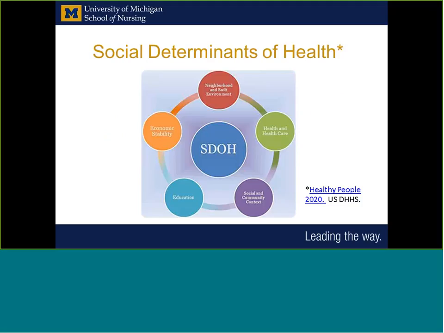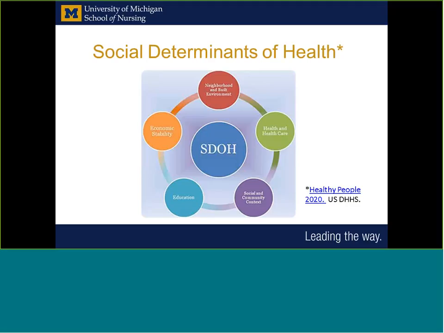But social determinants of health is a World Health Organization concept. The World Health Organization describes it as the circumstances in which people are born, grow up, live, work, and age, and the systems put in place to deal with illness. And these circumstances are shaped by a wider set of forces, including economics, social policies, and politics.